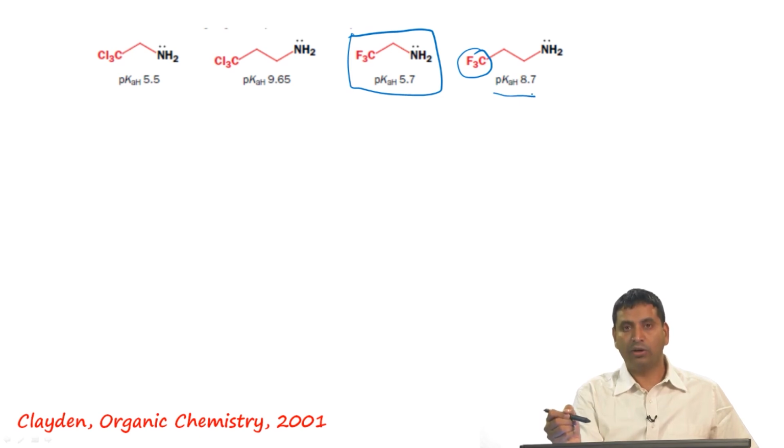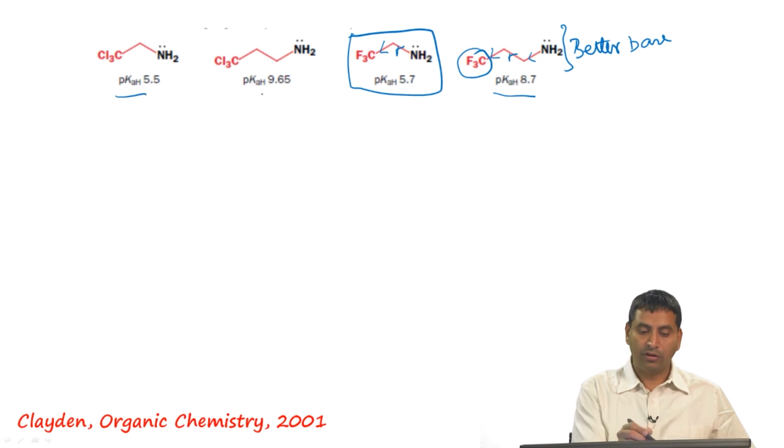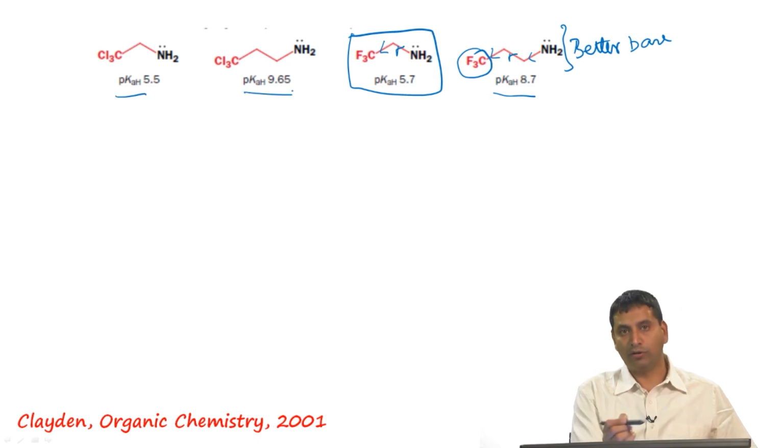So, here you can understand this because the lone pair on nitrogen is being pulled by induction by the fluorine groups, and since the number of bonds intervening here are increasing, the inductive effect becomes weaker, and so the pKaH increases, and this becomes a better base. Very similarly, you have the example of the chloro, where you have 5.5 and 9.65.